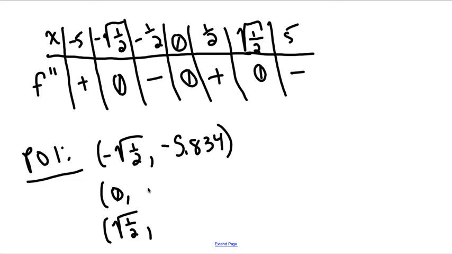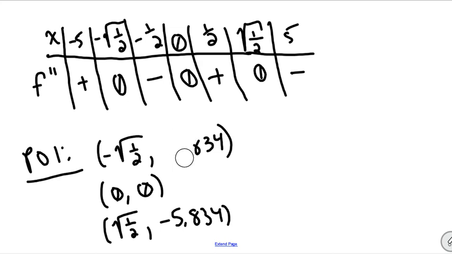When we plug in 0, we're going to get 0. And then if we plug in, oh, I'm sorry, that was for this one down here. Negative 5.834. So let me come back up here, fill in my negatives.